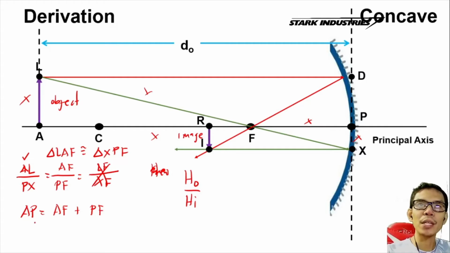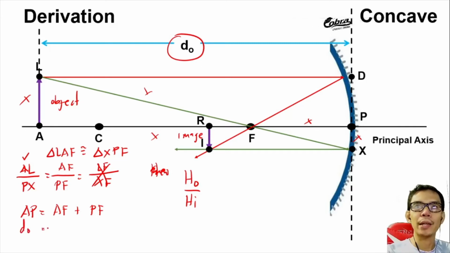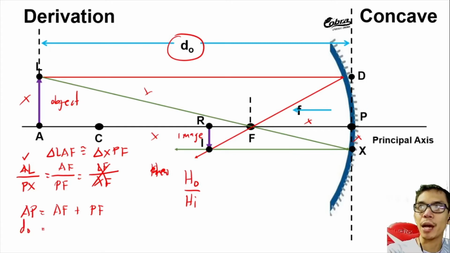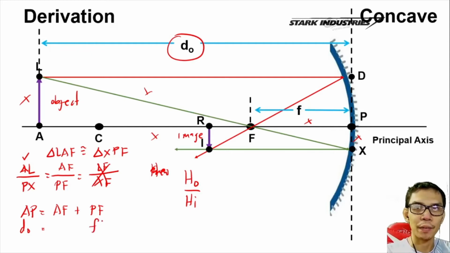So AP means D sub O. Then PF: earlier, we knew that PF represents the focal length.